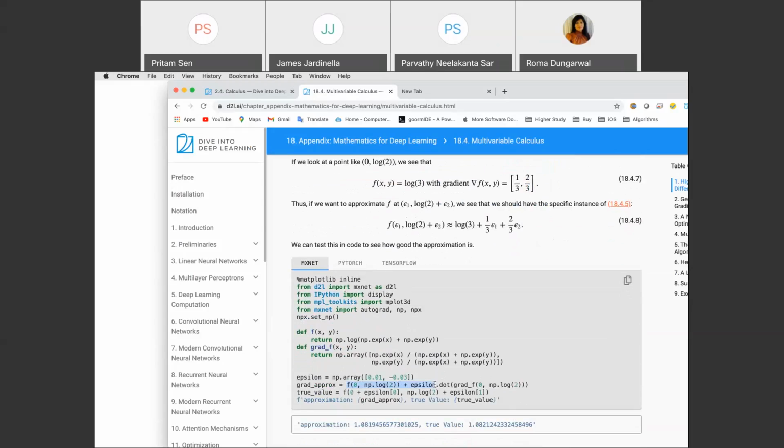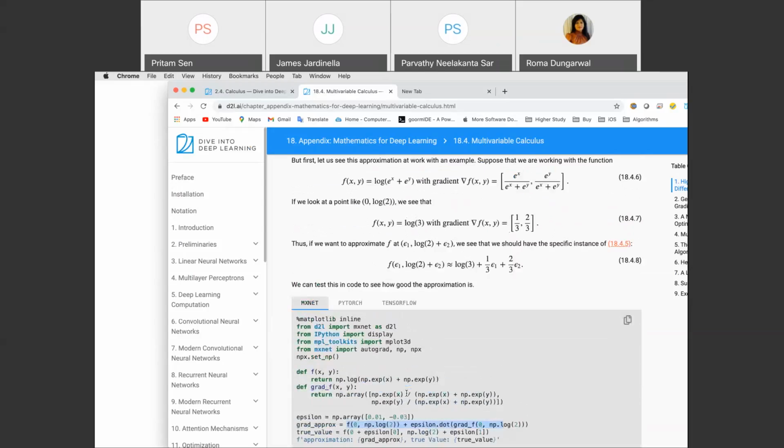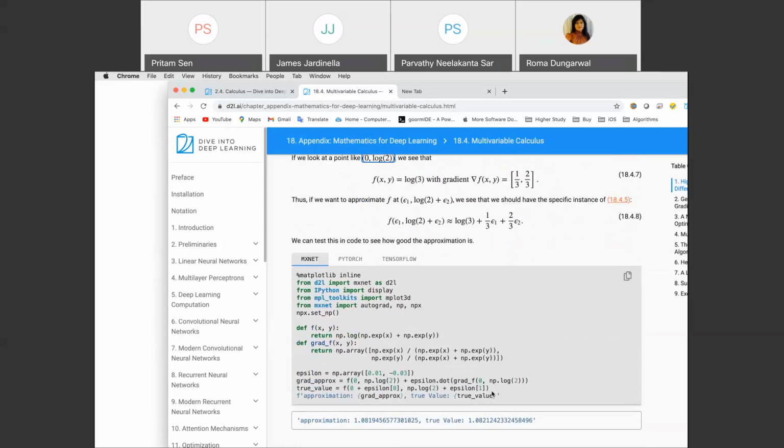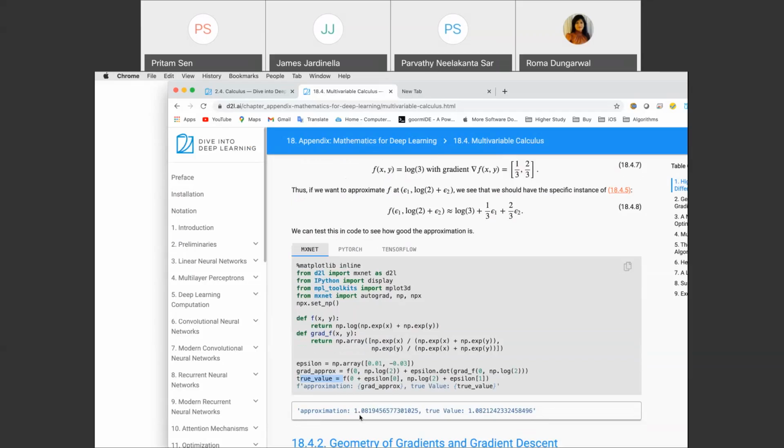So it calculates the approximate value for x equal to 0, y equal to log 2, and it calculates the true value. It shows that both are almost the same.